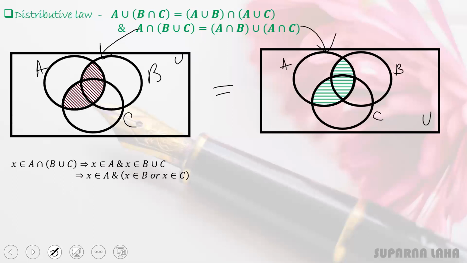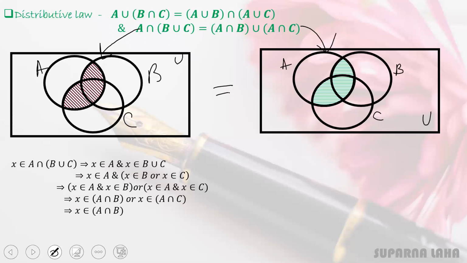So X in A and X in B or C. So X in A and B, or X in A and C. Now again remove this 'and' with intersection and then 'or' with union. So X is present in RHS.